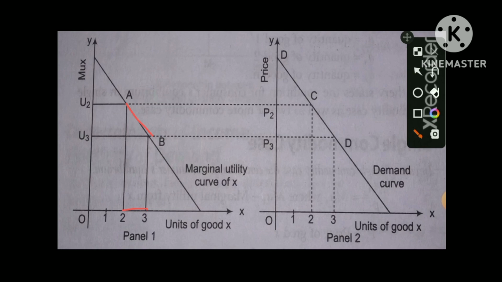As a result, he is willing to pay less price for the third unit than what he paid for the second unit. So in panel 2, we can see that the consumer will demand the third unit at price P3, which is less than P2. So joining points C and D in panel 2, we derive the demand curve for a good, which is the same as the marginal utility curve of good X.